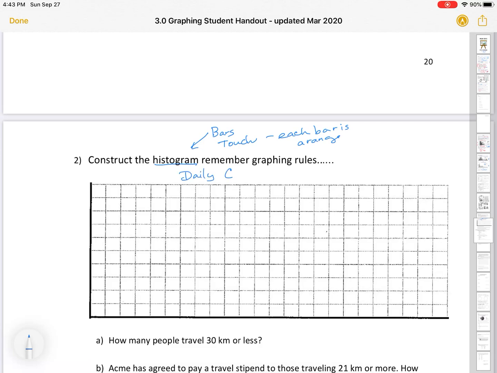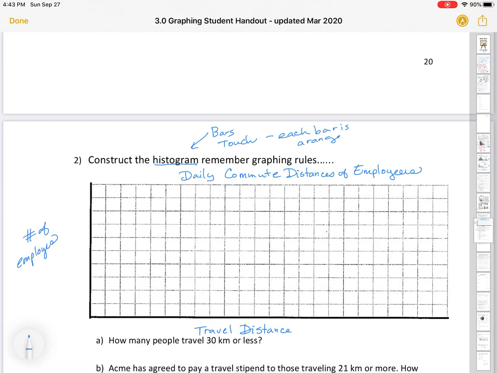So daily commute distance of employees. Okay. And then on the bottom, we're going to have travel distance. And we're going to have our number of employees.